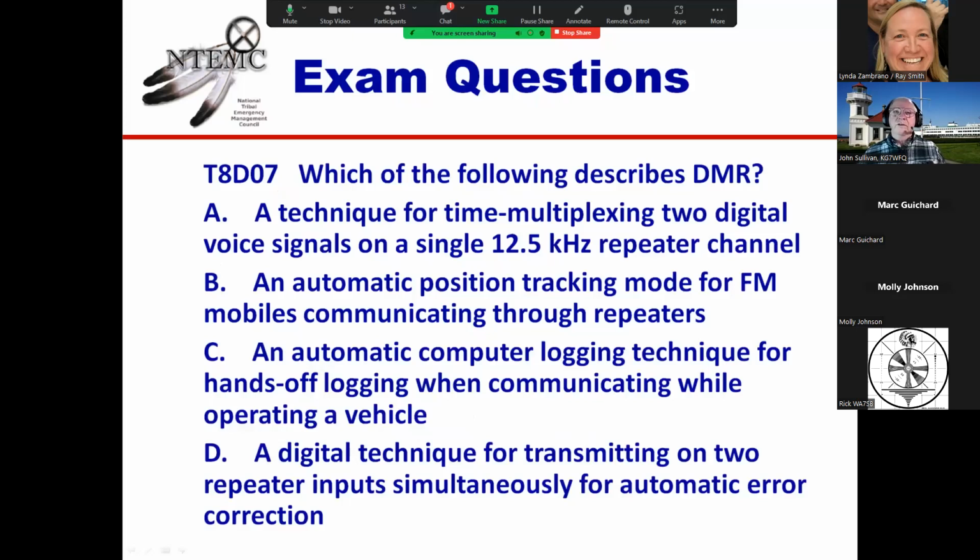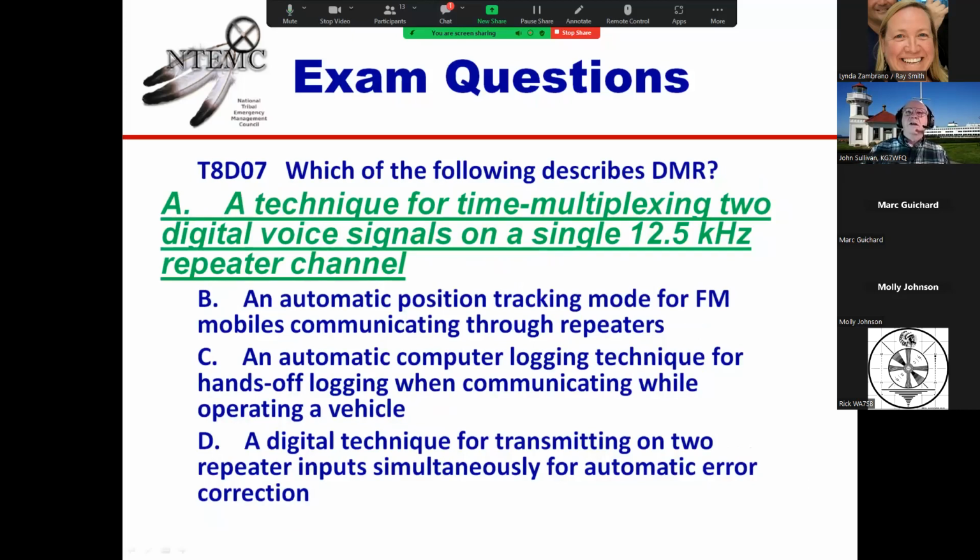Digital technique for transmitting on two repeaters simultaneously. No, that would be linked repeaters perhaps, but it's the first one. It is a technique for time multiplexing two digital voice signals on a single repeater channel. Remember, DMR lets you have two conversations going on at the same time on the same frequency through time multiplexing.